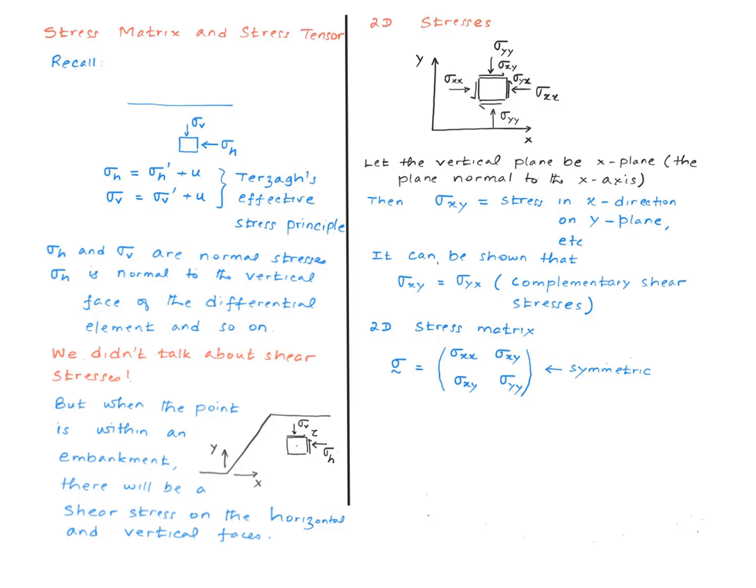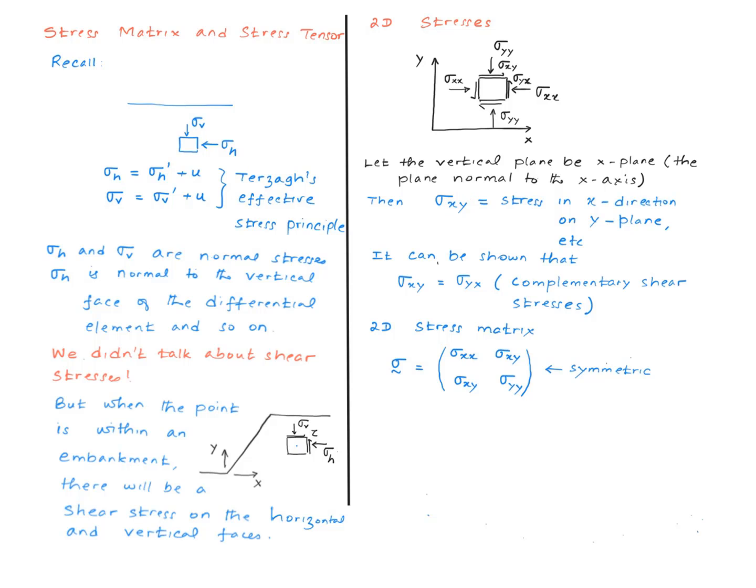Just for the sake of this discussion, I'm going to call these planes as follows. X-plane means a plane normal to the x-axis, and similarly this will be the y-plane because that plane is normal to the y-axis. Then this is how you interpret the subscripts we use with a stress component.